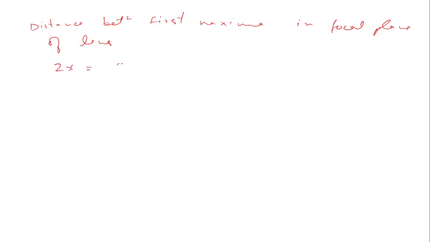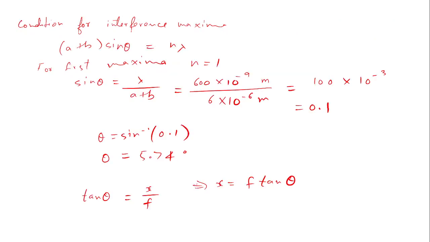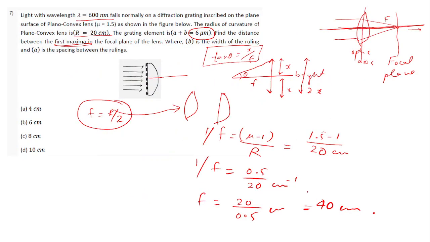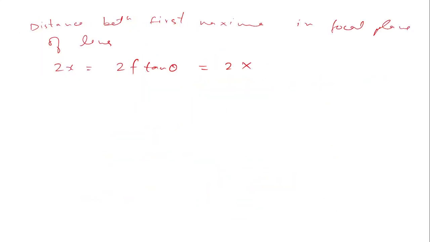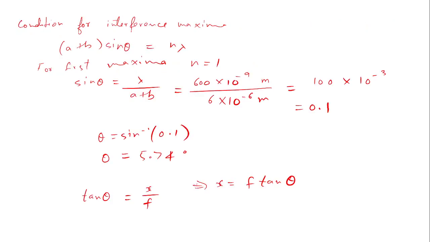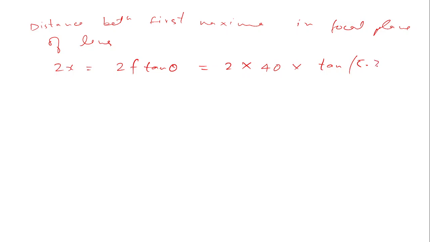Now we want to find the distance between the first maxima in the focal plane of the lens. That means it will be 2x, that is 2f tan theta. That is 2 times the focal length we calculated, 40 centimeter, times tan of the angle we found, 5.74 degrees.